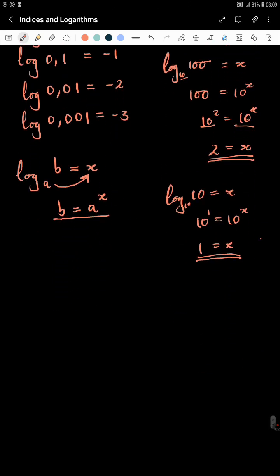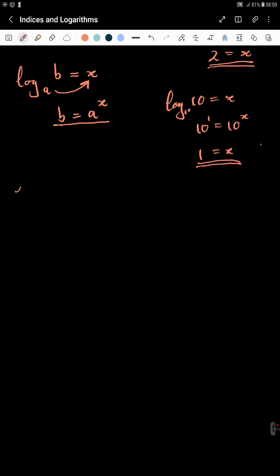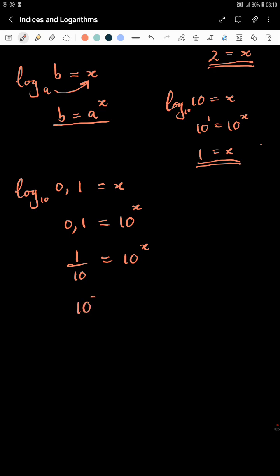Okay, we move further. Log to the base of 10 of 0,1 is equal to x, and we say 0,1 is equal to 10 to the power x, and this is equal to 1 over 10, which is equal to 10 to the power x, and this is equal to the reciprocal of that number, which means if you invert it like this, you end up with 10 to the power minus 1.